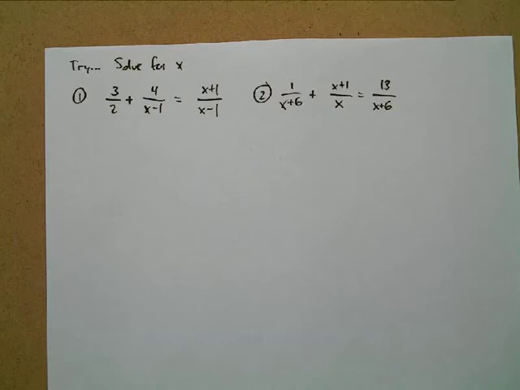So we're going to multiply this one by x minus 1 over x minus 1 to give it an x minus 1. That's really multiplying by 1. So then this denominator does not have a 2, right? This one's got a 2, this one does not. So we're going to multiply the top and bottom by 2. Now this one also has an x minus 1, but this is 2, so we're going to multiply the top and bottom by 2. And then see what you do.